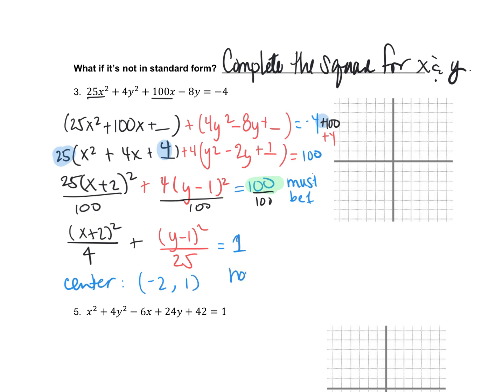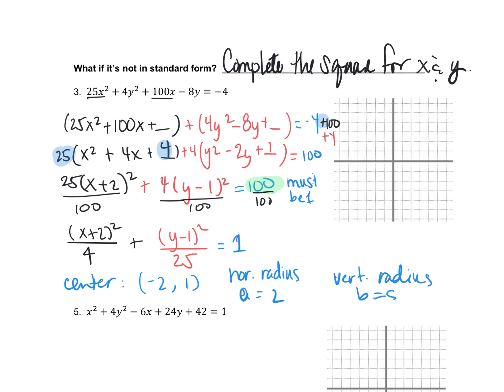We know our center is now -2, 1. The horizontal radius, A equals square root of 4, which is 2. And then the vertical radius, B equals 5.